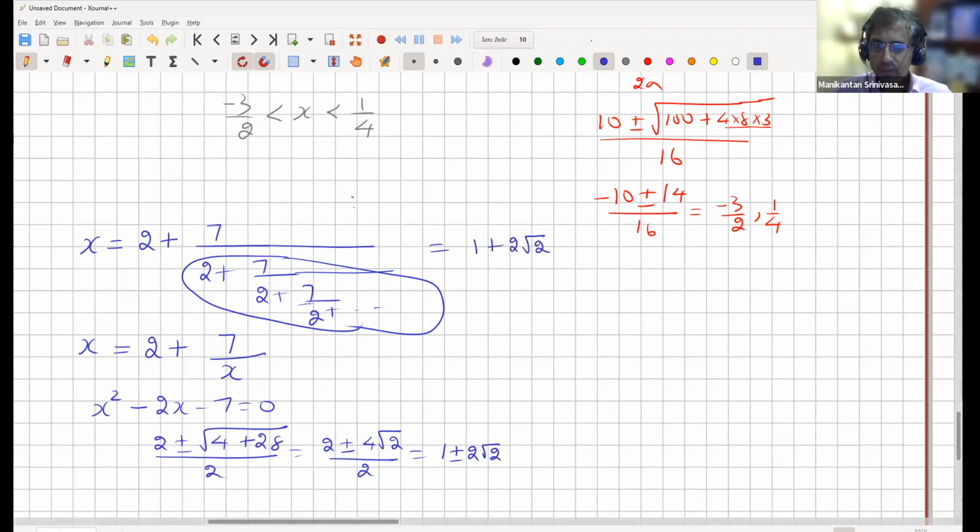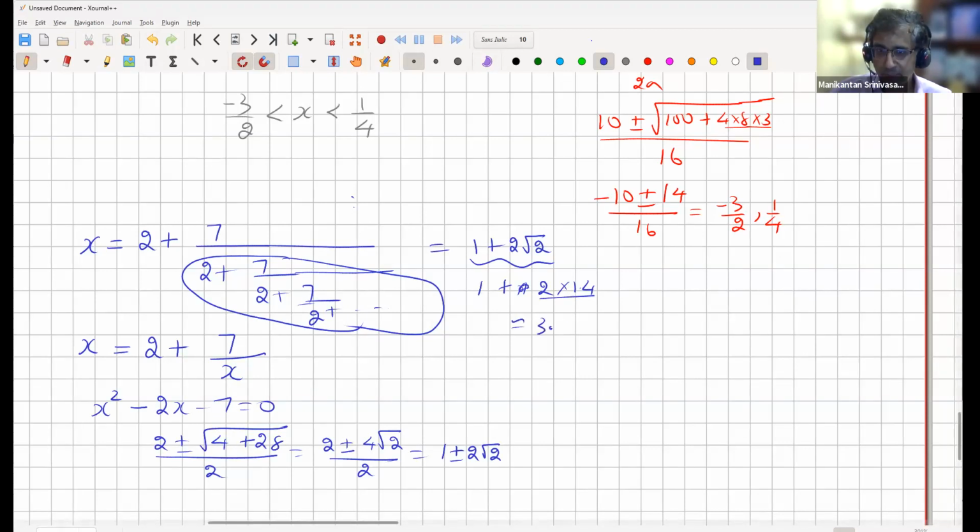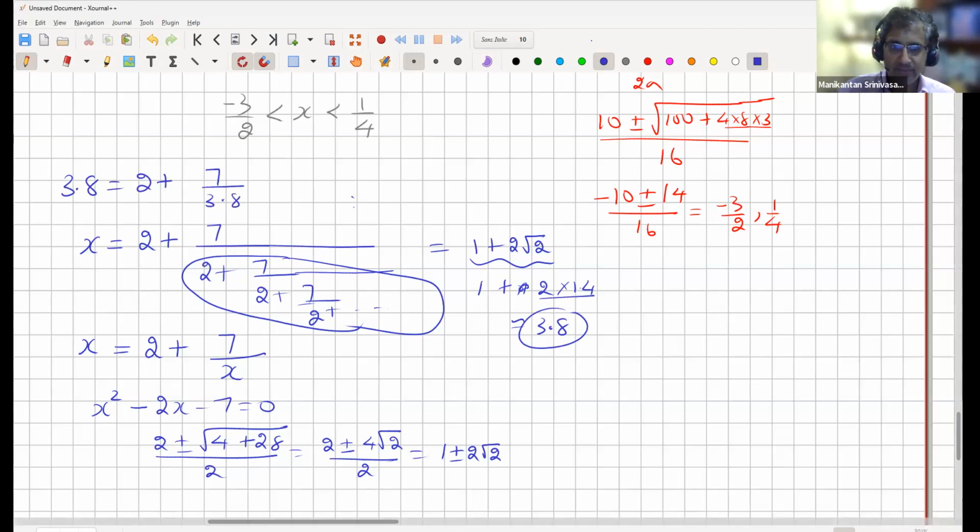Okay. And then we can do some simple sense checking, right? So 2 times 1.4 is how much? Root 2 is 1.4. So 2.8 plus 1, which is 3.8. So we can roughly validate if this makes sense. We are saying 3.8 is 2 plus 7 upon 3.8. Is that true?